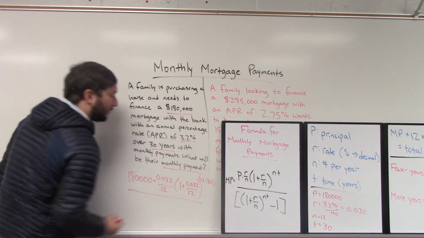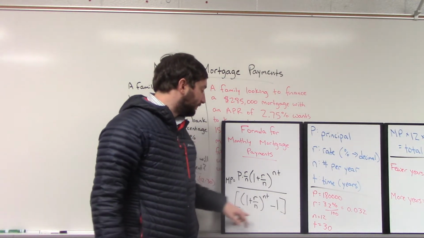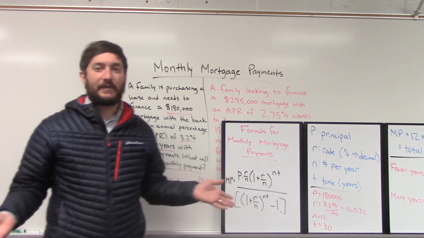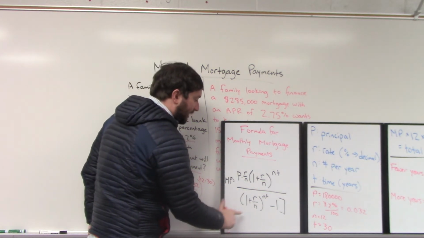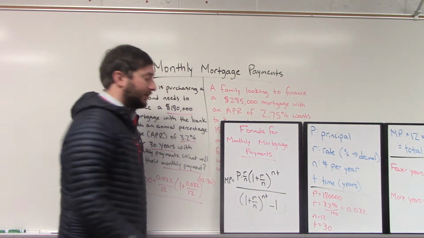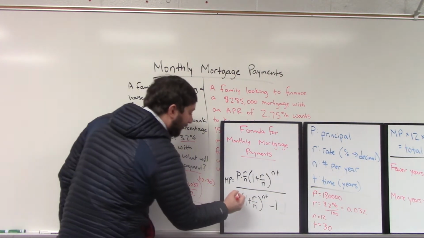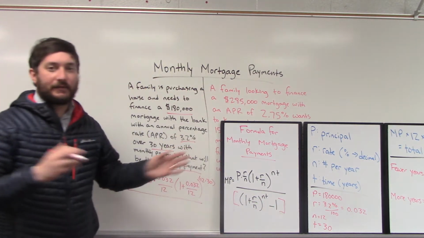Okay, that's our numerator. Now, in some formulas, you can see that there's no brackets. Some formulas have it without the brackets. It doesn't really matter either way, since everything here is in the denominator. The reason I like to use brackets myself, so you can see the formula this way, is especially for those of you who try to type in everything at once.